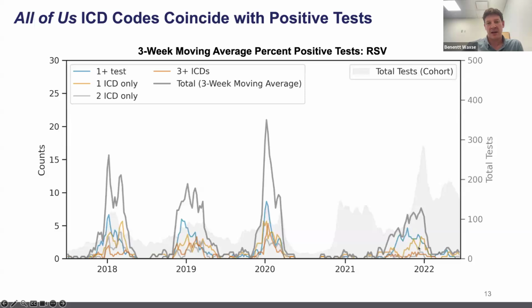When you have a virus transmitting outside of expected time, providers aren't going to be thinking about it. But only when you get back into respiratory season, or people have been seeing that the tests are positive, they might be coding for RSV alone. And so this is our first look at RSV to see that the ICD components predict test results well.